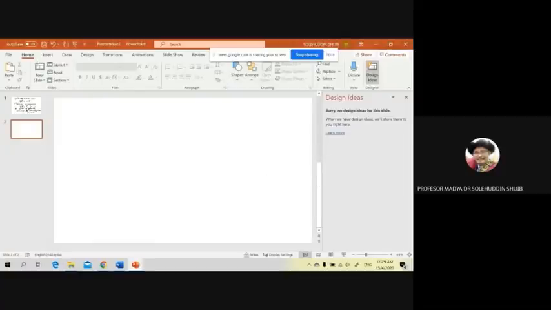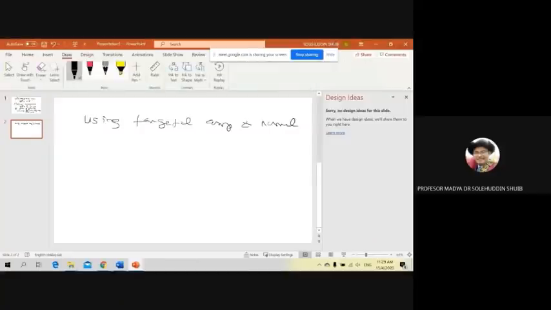And then we have another one using tangential component and normal component, the one that we took our class time on today.